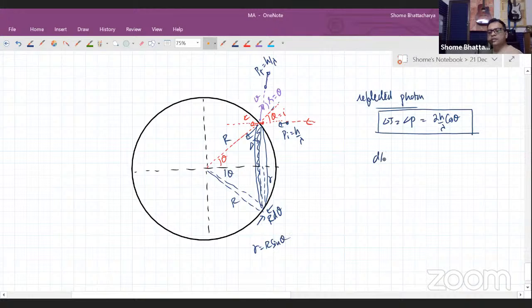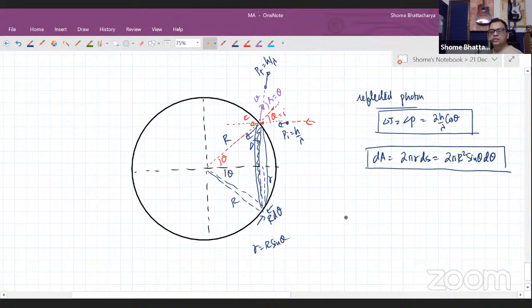So the area of that ring will become 2 pi r into thickness, so 2 pi r square sine theta d theta. So now on that ring, the number of photons incident per unit time will become photon flux multiplied with that area's component which is perpendicular to this. Because see, the ring's thickness is like this.